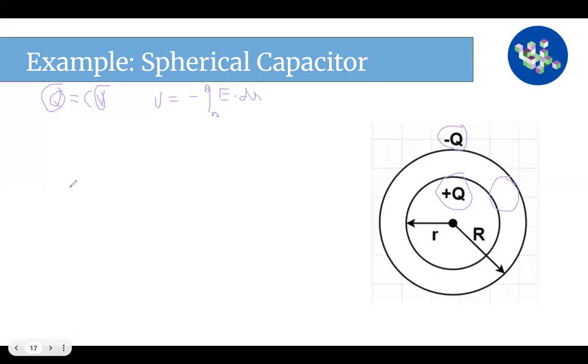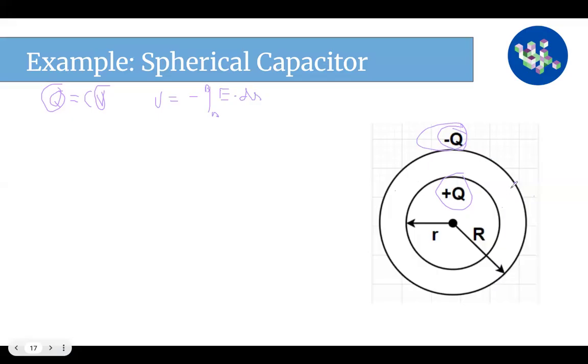So let's find the electric field first. These are two concentric conducting shells; the inner one has charge positive Q, the outer one has charge negative Q. But by the shell theorem, in the region within the large sphere, the electric field due to this large sphere is zero.